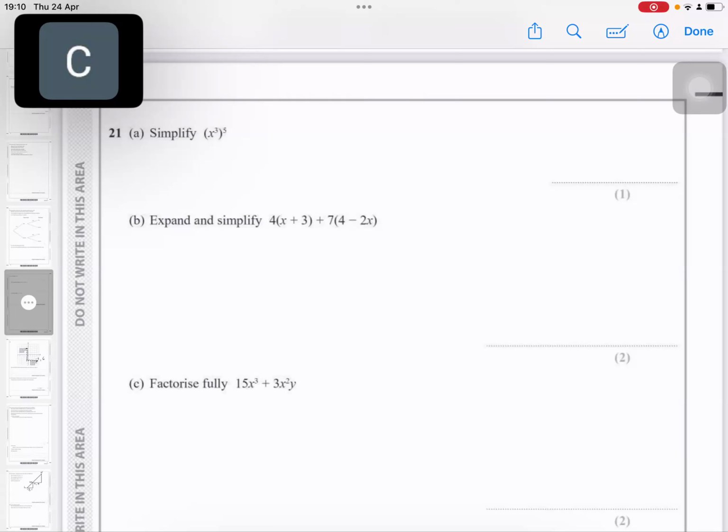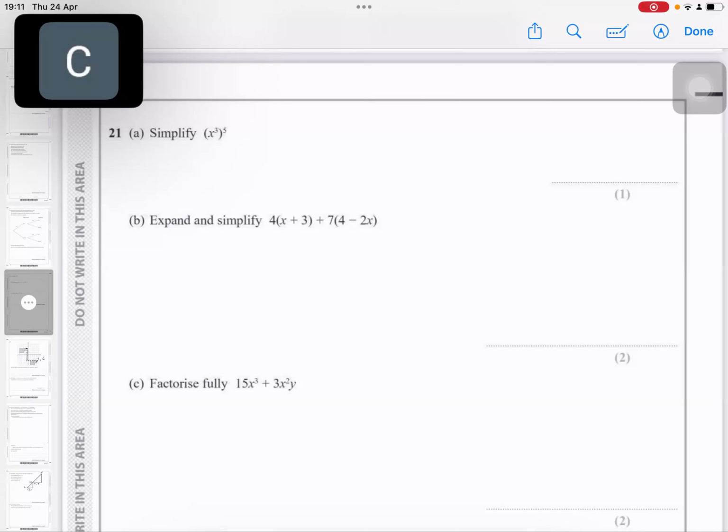So you'll be multiplying 4 by x and then 4 by 3, and then, of course, 7 by 4 and 7 by minus 2x. So what would you have? 4x plus 12. Yes. Plus 28 minus 14x.